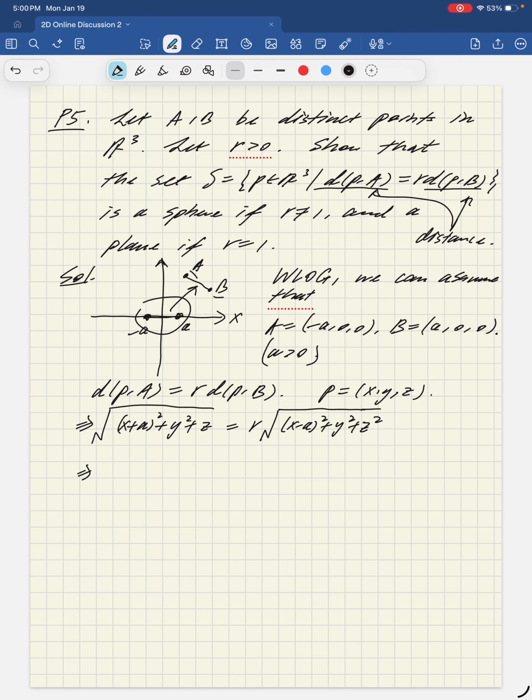And we can now square both sides to get x plus a squared plus y squared plus z squared is equal to R squared times x minus a squared plus y squared plus z squared.